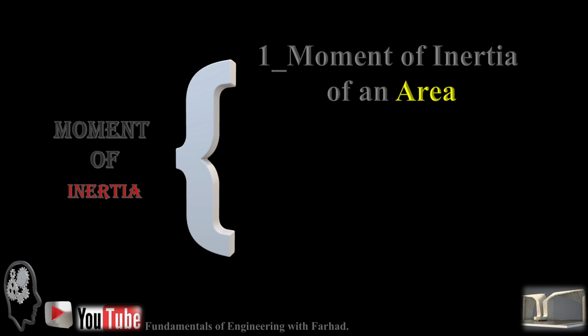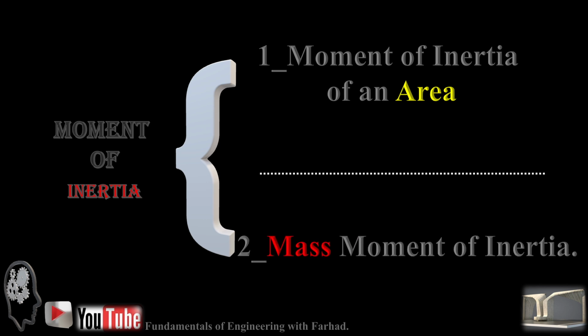In this example, we delve into an interesting concept in statics, mechanics of materials, and also dynamics, which is moment of inertia. Moment of inertia is categorized into two main categories. The first one is moment of inertia of an area, and the other one is mass moment of inertia.